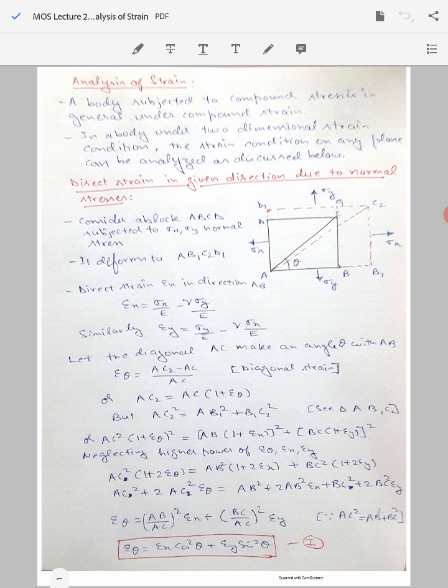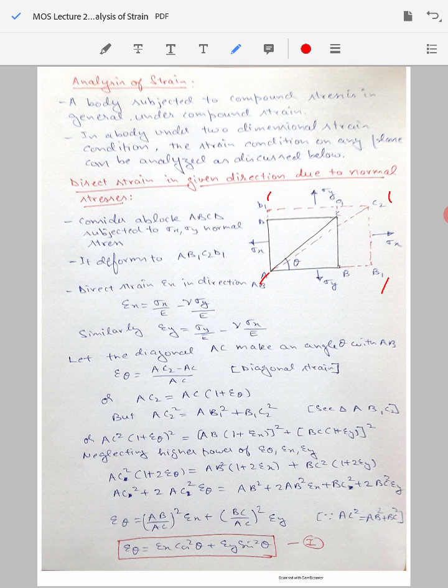from the x-axis. Now we will analyze it in such a way that we have our block ABCD, which is subjected to sigma x and sigma y, and due to the application of stresses it will deform to the block AB1 C2 D1, because we know that these stresses are tensile in nature, so they will increase in size both on the x side and y side, and that's why our original block ABCD will transform into AB1 C2 D1.